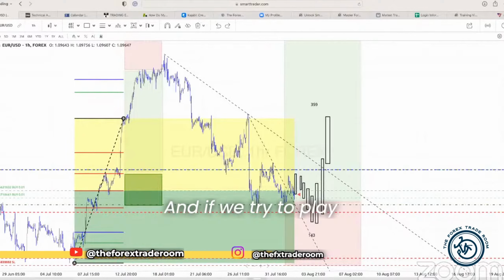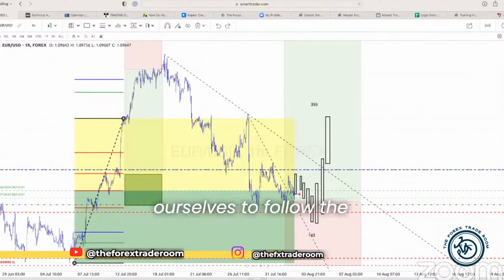And if we try to play that game of timing the market, sniper entry, exactly, we're going to get to a point where we're losing more than we win. Because the market, and we talked about this on Monday, doesn't move on our time. The market moves on its time.